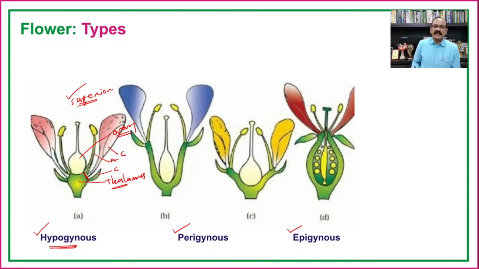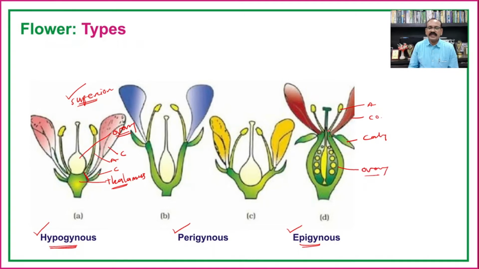The reverse is the case in the epigynous flower, in which we are seeing here the calyx, then corolla and androecium, and these three different floral whorls are developing from above the ovary.